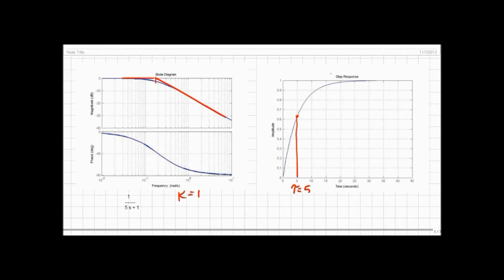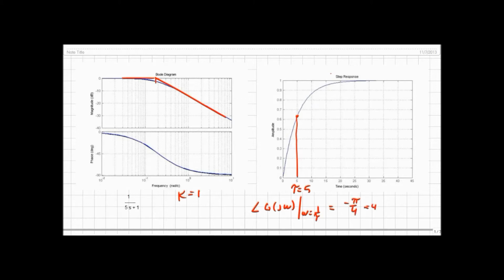We can also look at where the phase crosses 45, because basically our angle of j omega, where omega is equal to 1 over tau in radians per second, is just going to be basically minus pi over 4.